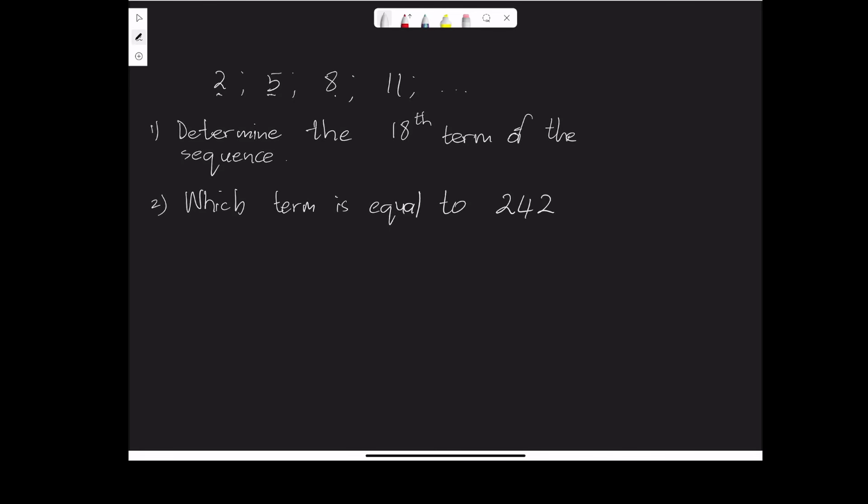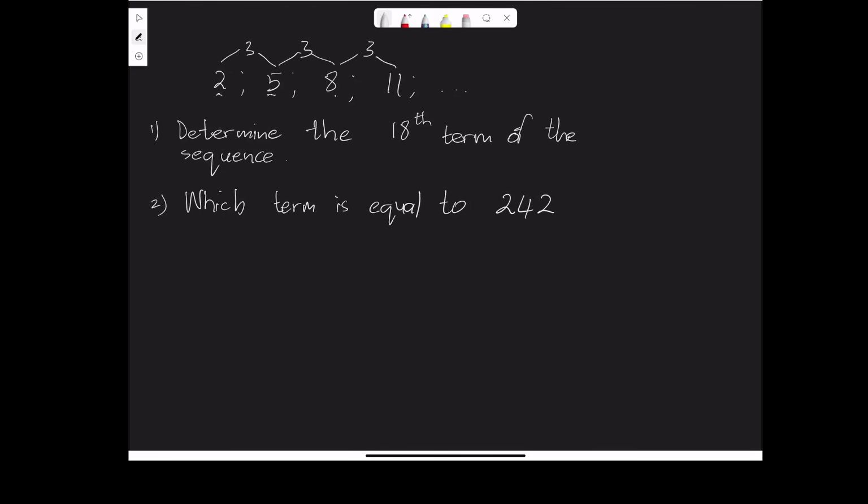Of course, I would have to add 3 again. So the second term minus the first term would give me 3, but the third term minus the second term would also give me 3. And so the story goes even for the fourth and third term. So our common difference is 3.